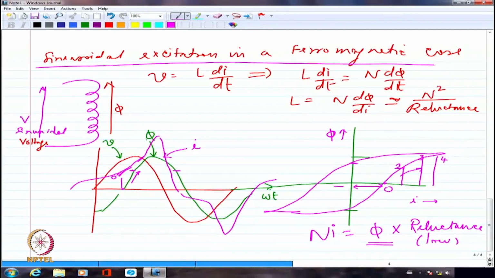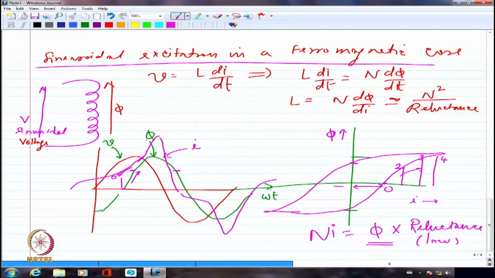Is that clear? Fine. So generally, when we represent a ferromagnetic core, we represent it by two specific parameters in its equivalent circuit. One is that the current is lagging behind by a certain angle, because of which this ferromagnetic core acts like an inductance.